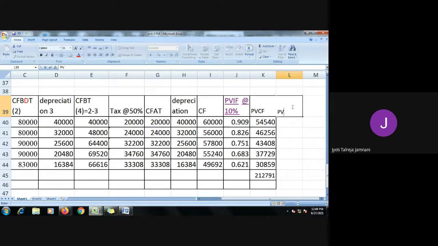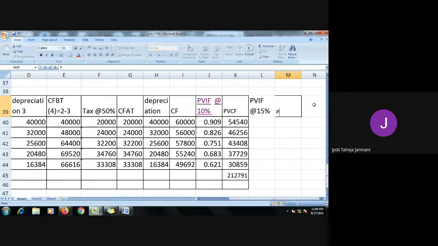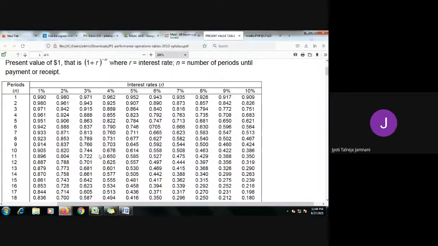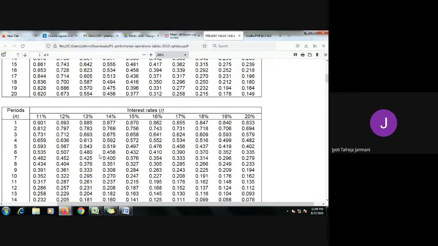The present value interest factor at 15%, and then we have the present value of cash flows. We'll see the factor values in the table. At 15%, let's go down. It's here.